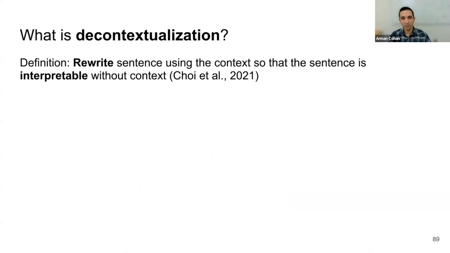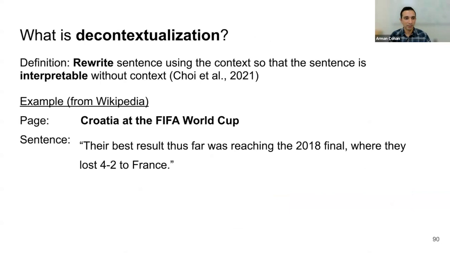So this is a classic example. For example, Croatia at the FIFA World Cup. This comes from this page. Their best result thus far was reaching the 2018 final, where they lost 4-2 to France.